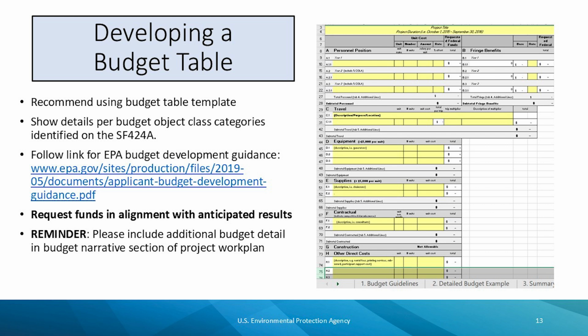The budget object class category amounts on your SF424A form must match the budget object class category totals on your detailed budget table.